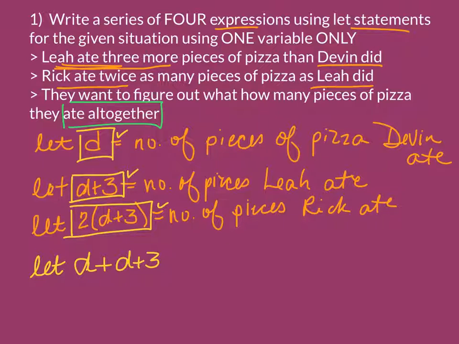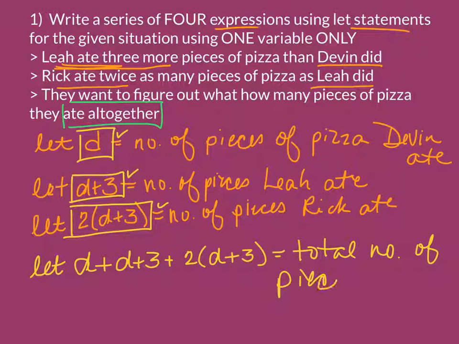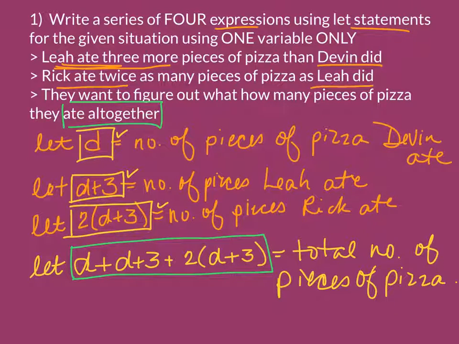And then I add on how many Rick ate, plus 2 times the quantity of D plus 3. And that equals the total number of pieces of pizza. So moving right along, just to be clear, there's my fourth expression.